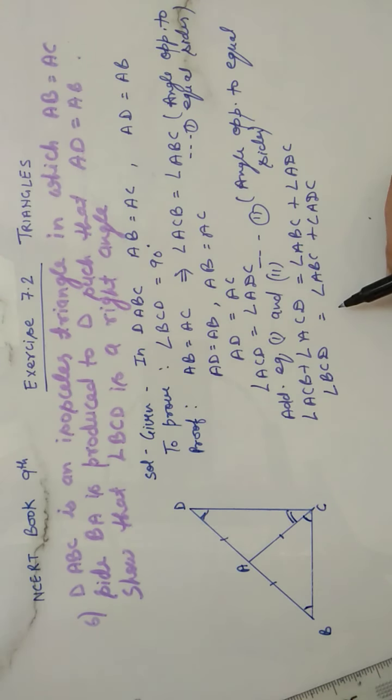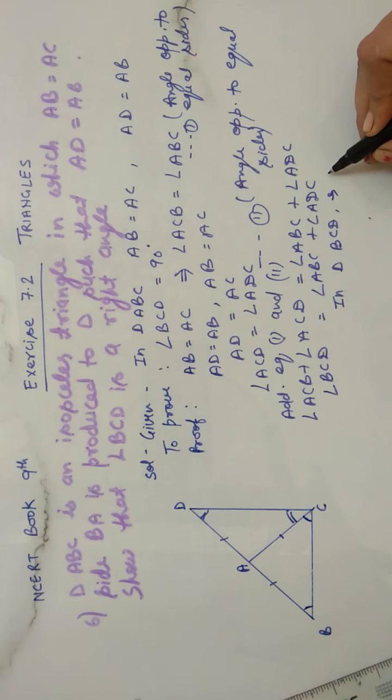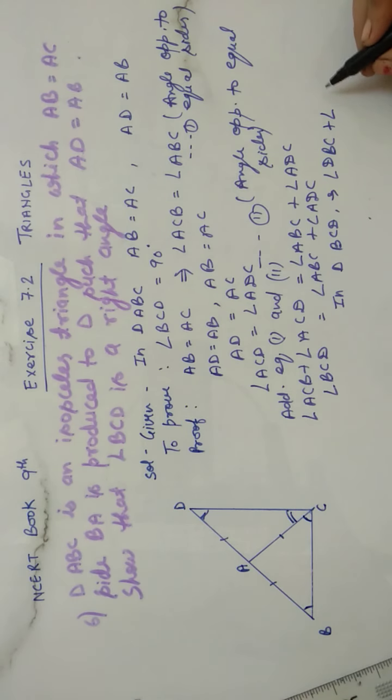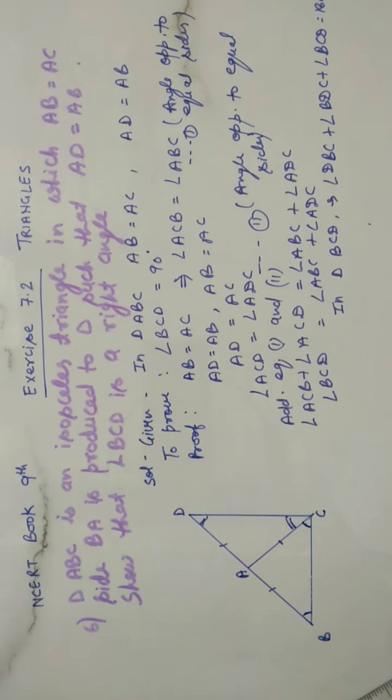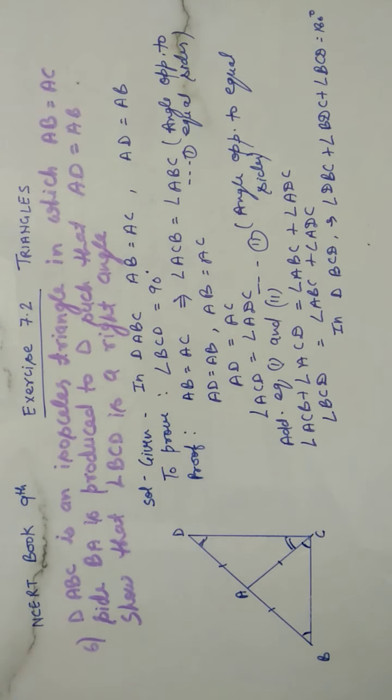In triangle BCD, angle DBC plus angle BDC plus angle BCD is equal to 180. The reason is angle sum property.